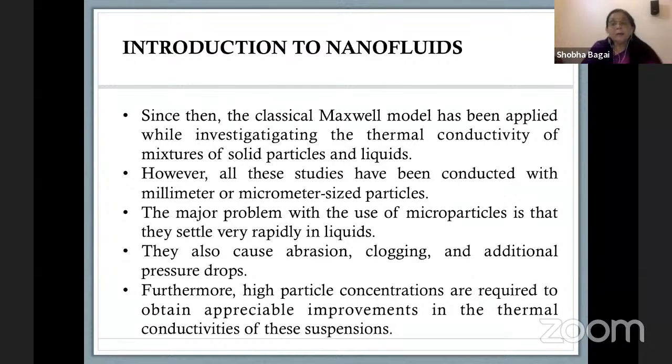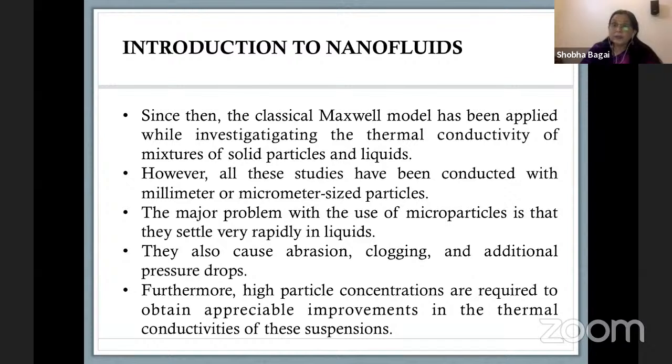We are talking about the early 20th century, somewhere around 1930. At that time, the particles mixed in the base fluid were of millimeter or at most micrometer size. Micrometer, if you understand, is of the order of 10 power minus 6 meters.